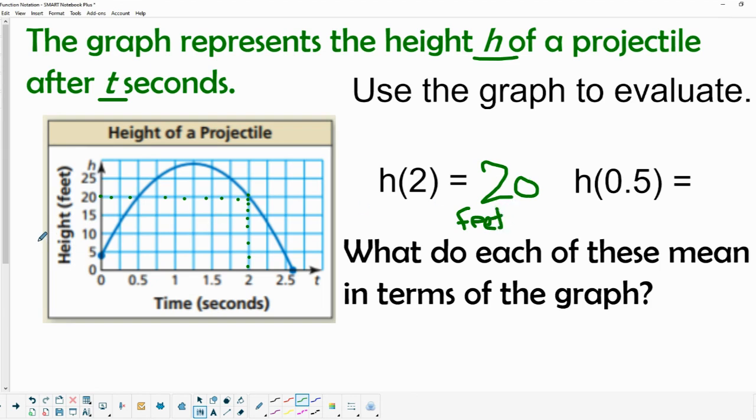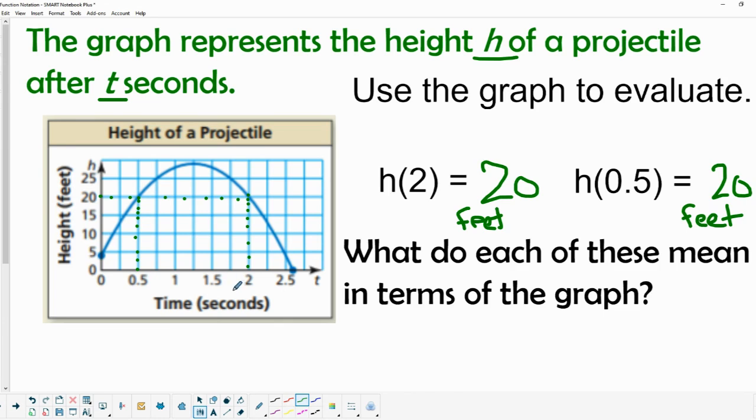Well, what about 0.5 seconds? At 0.5 seconds, we're also at 20 feet above the ground. That's kind of interesting, isn't it? At various times throughout its flight, it goes through the point where it's 20 feet above the ground.